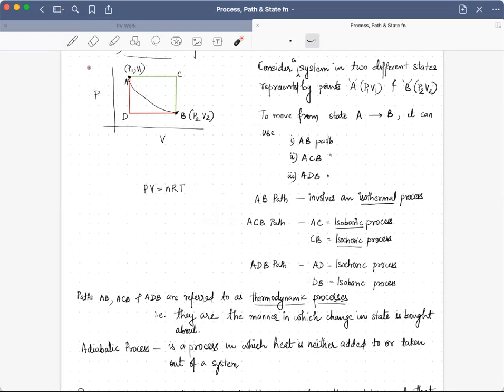Suppose you consider a sack containing rice. You want to empty this. So in the initial state, you have 2 kgs of rice here. In the final state of the system, you have 0 kg.